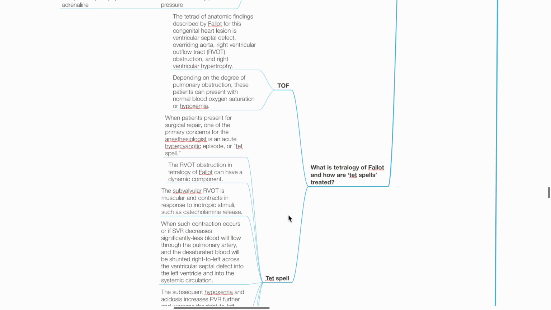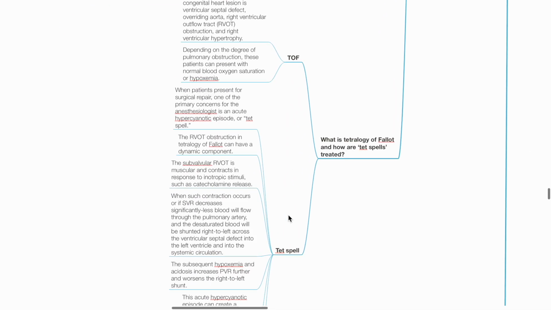Regarding TET spell or hypercyanotic episode, the RVOT obstruction in TOF can have a dynamic component. The subvalvular RVOT is muscular and contracts in response to inotropic stimuli such as catecholamine release.